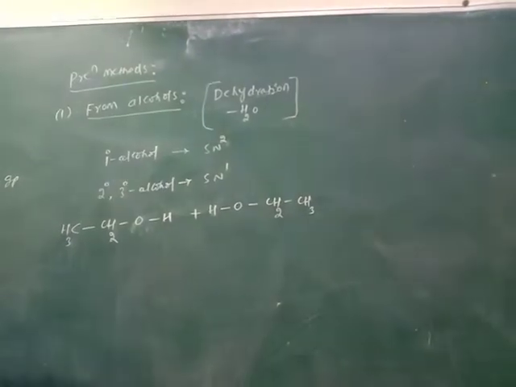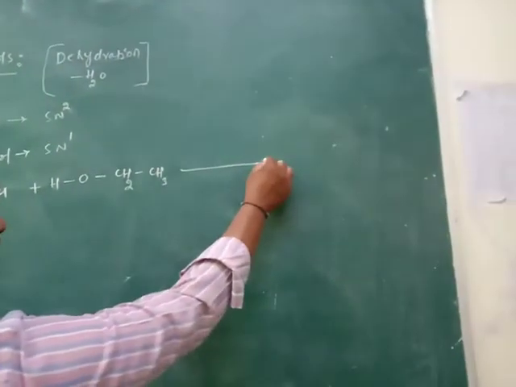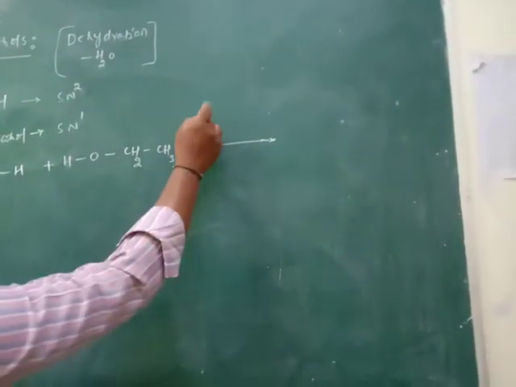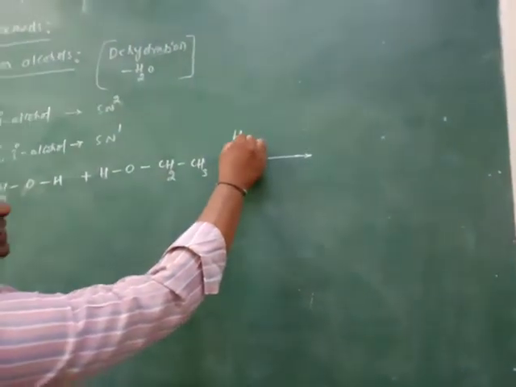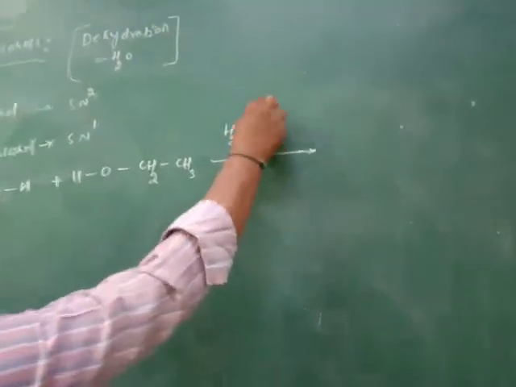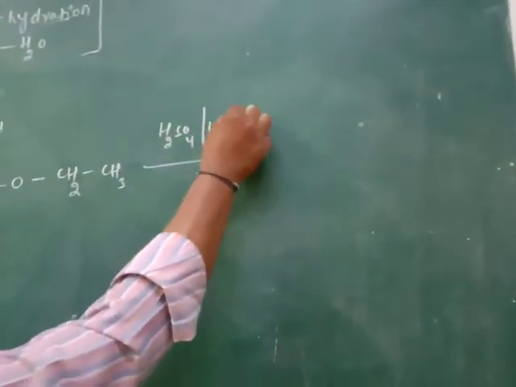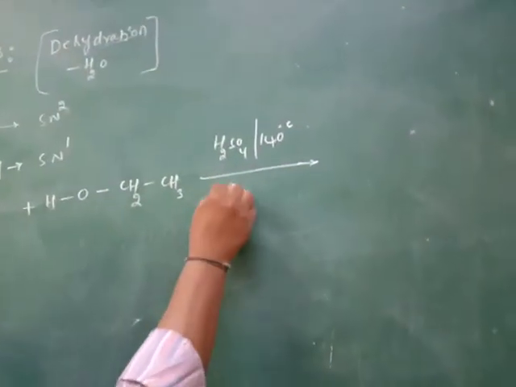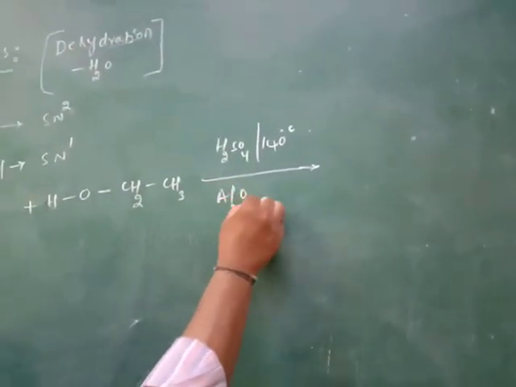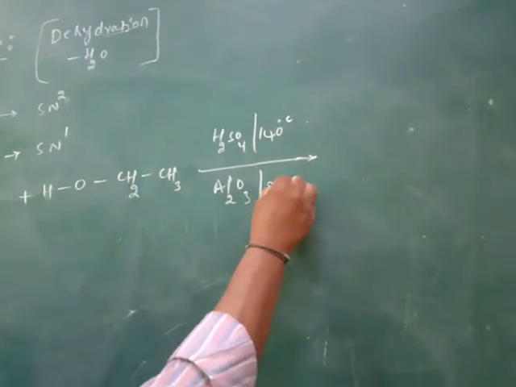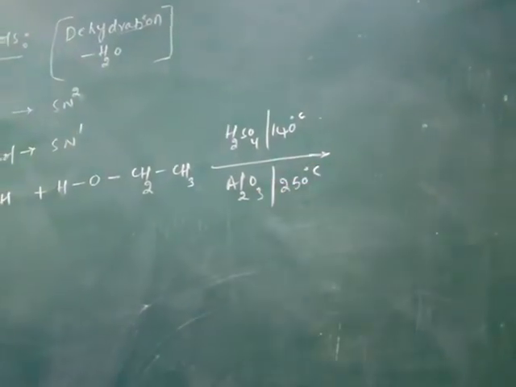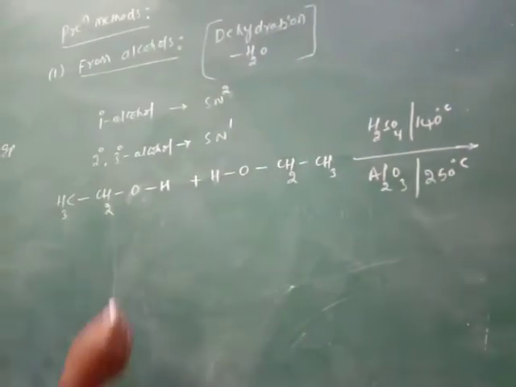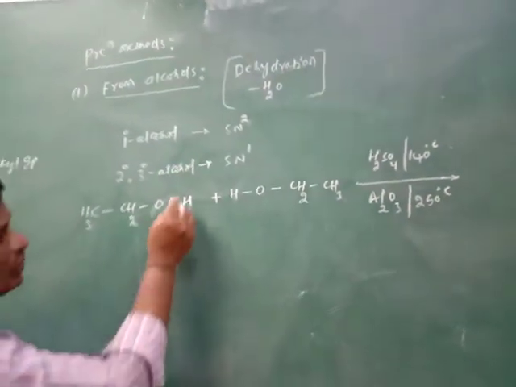This reaction takes place in the presence of sulfuric acid, H2SO4, at 140 degrees centigrade, or Al2O3 at 250 degrees centigrade. Dehydration means removal of water.